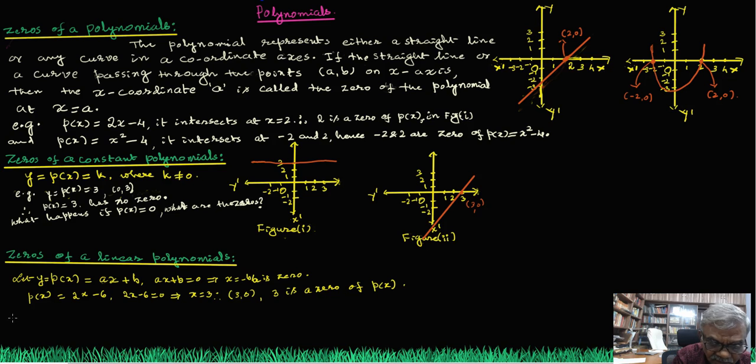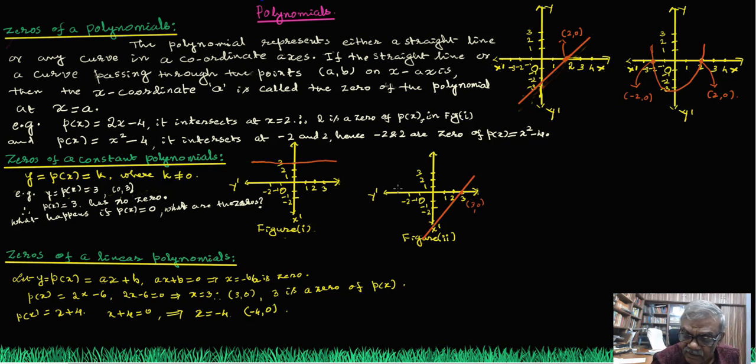Similarly, we can take one more example, p(x) is equal to x plus 4. Equating x plus 4 to 0 implies x is equal to minus 4, and therefore it intersects the x-axis at (minus 4, 0).